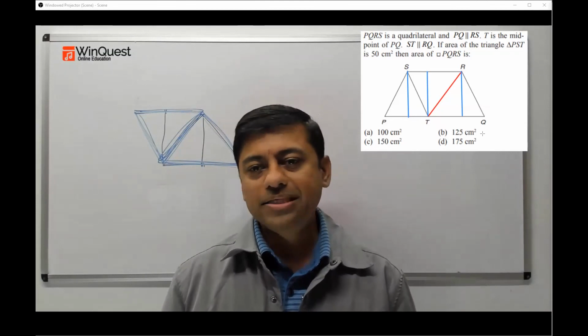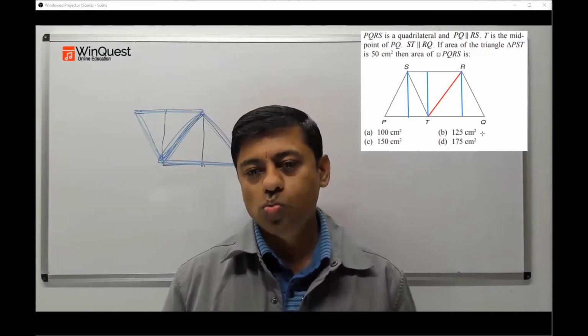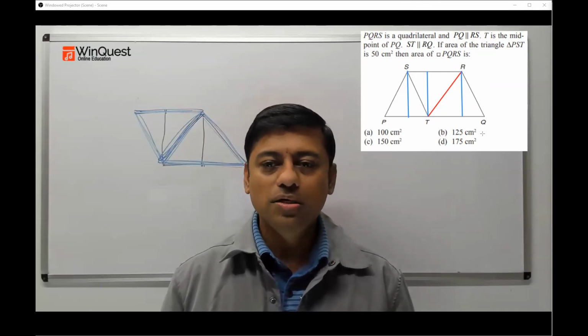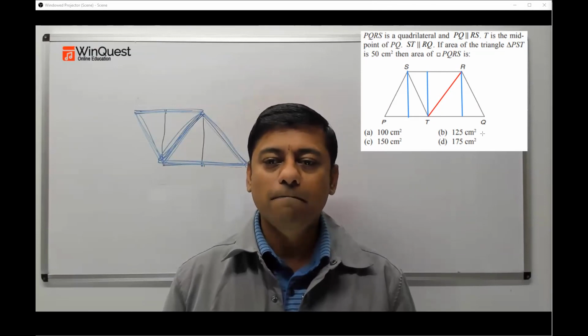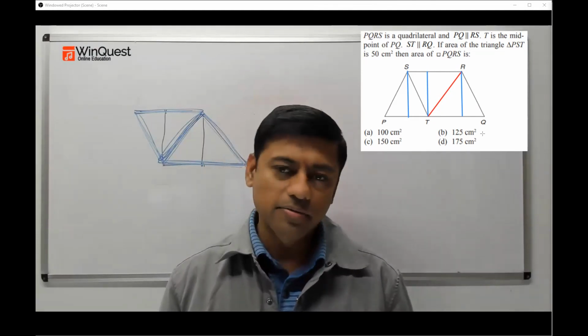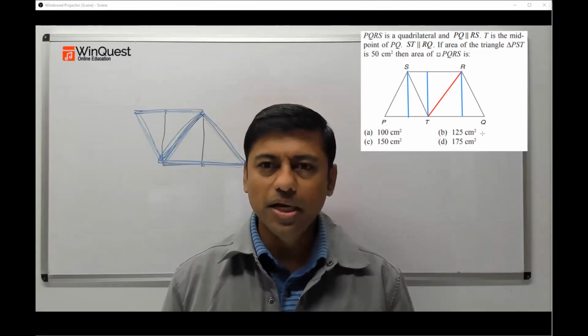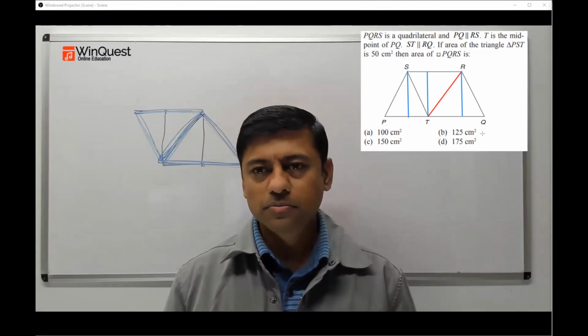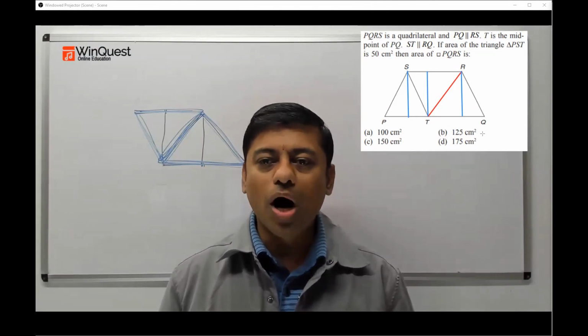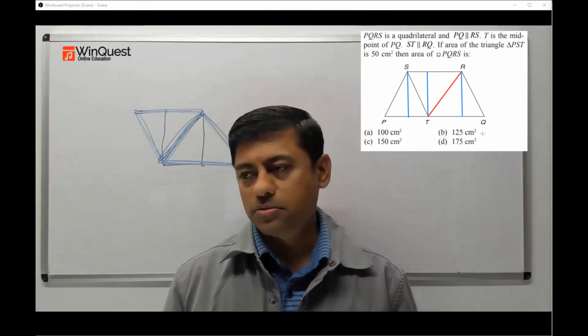Okay. The answer lies in the logic: ST is parallel to RQ. We have already mentioned ST is parallel to RQ, right? It is already there in the problem. PQ is parallel to RS, already mentioned.